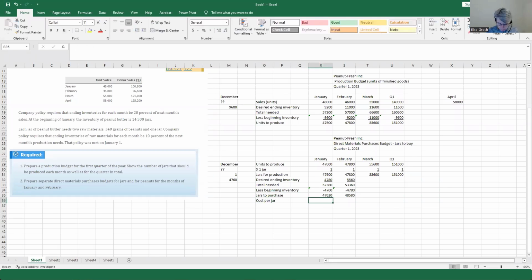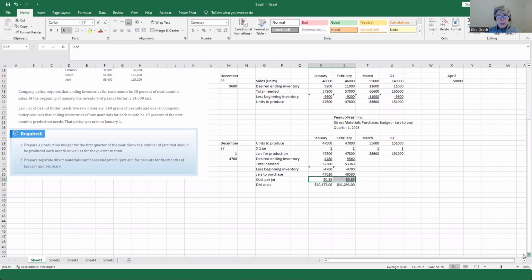And let's say the cost per jar is 85 cents. They do not give it in this question, but let's say it's 85 cents per jar. We would then be able to calculate the total amount that I have to pay. So this is direct material costs. I'm just demonstrating what it would look like if I did have it.